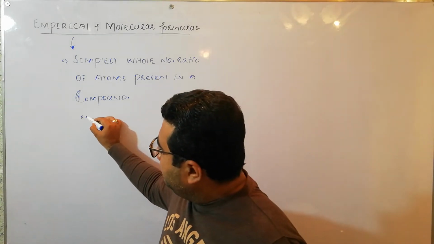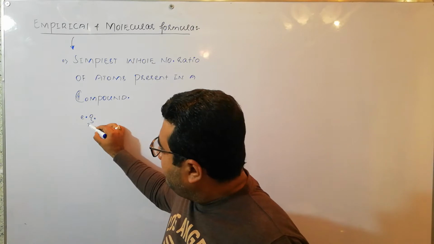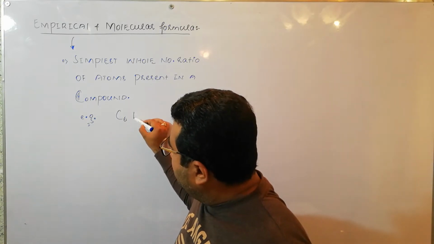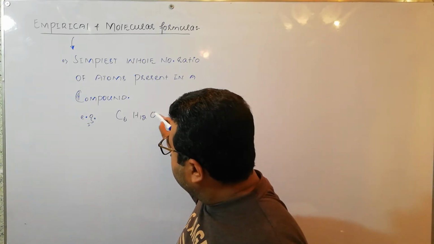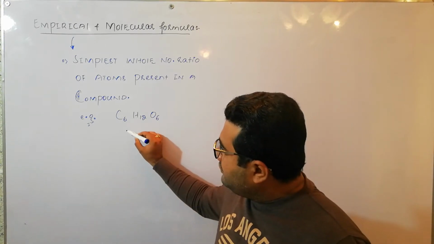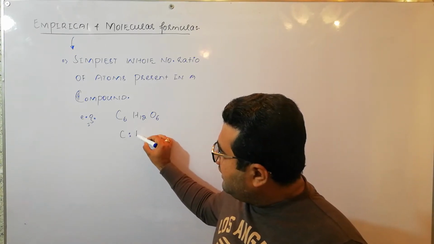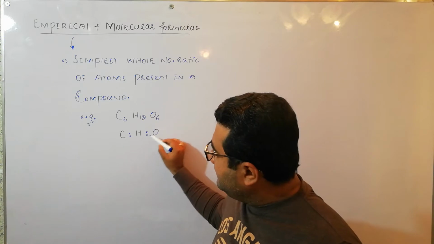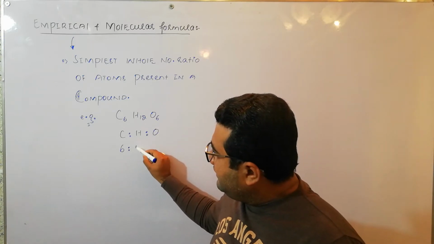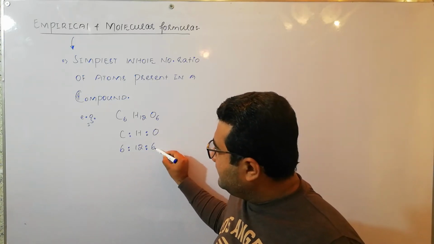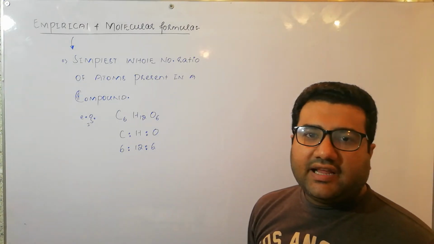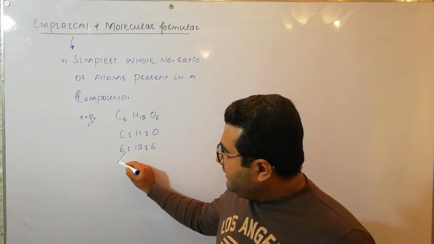For example, in case of glucose, the ratio between carbon, hydrogen and oxygen is 6 by 12 by 6. It can be simplified by dividing it with 6.